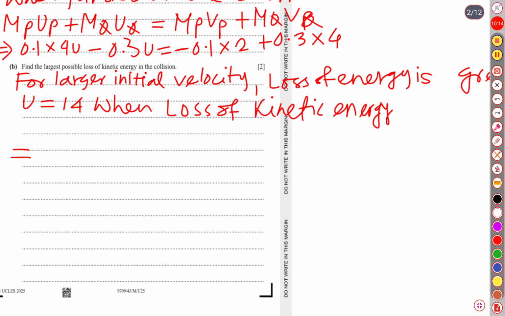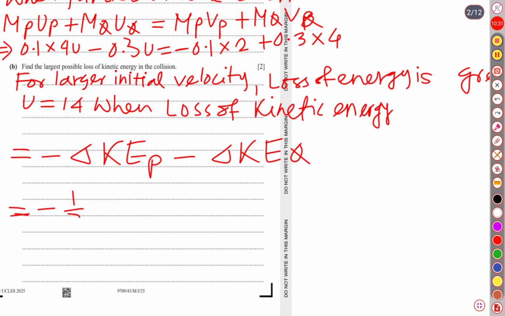You know the formula for kinetic energy, and as this is loss, we will use a negative symbol. Change in kinetic energy of particle P minus change in kinetic energy of particle Q. And the formula for change in kinetic energy is nothing but half mv square minus half mv square, this is for Q and this is for P.